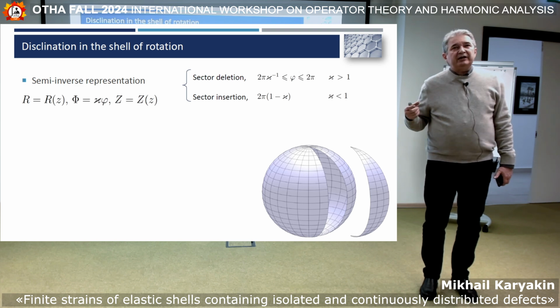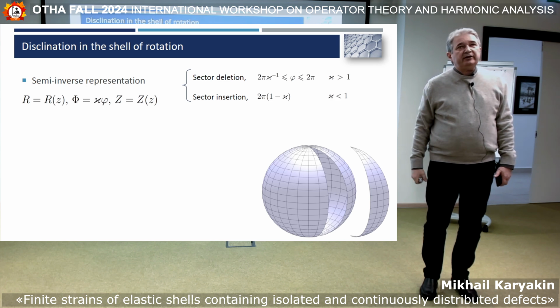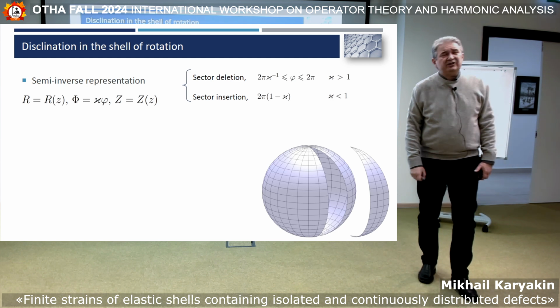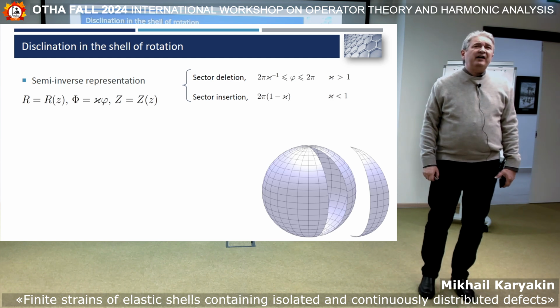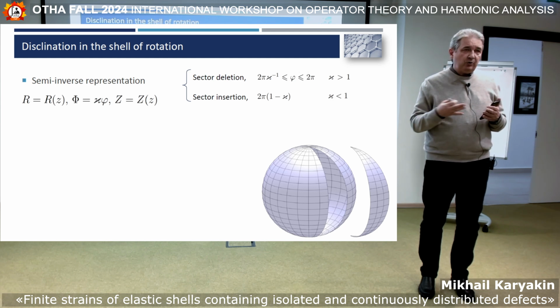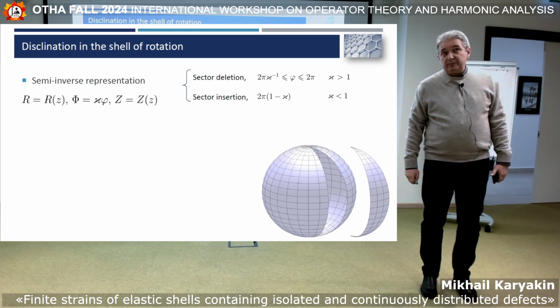We cut a sector of a sphere, or vice versa, we cut the sphere and include that sector into the sphere. We have one parameter of deformation here, parameter kappa. This parameter kappa is related to the angle of inserting or extracting the portion of sphere material.